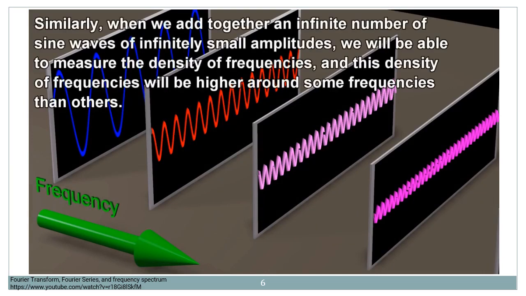Similarly, when we add together an infinite number of sine waves of infinitely small amplitudes, we will be able to measure the density of frequencies. And this density of frequencies will be higher around some frequencies than others.